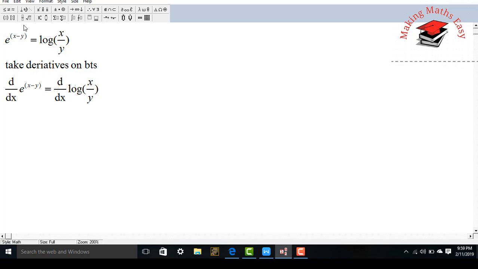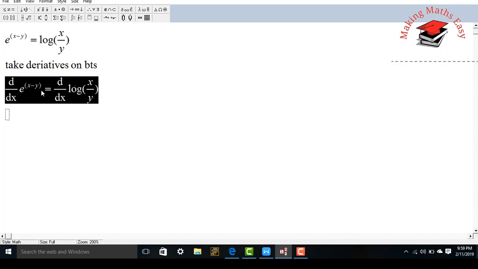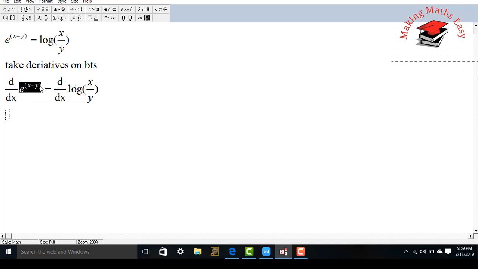Now we have to differentiate using the rules of differentiation. First I will differentiate the e raised to x minus y function, and then the log function.